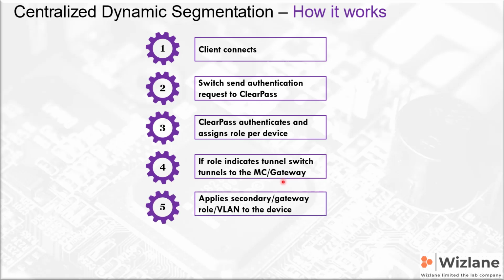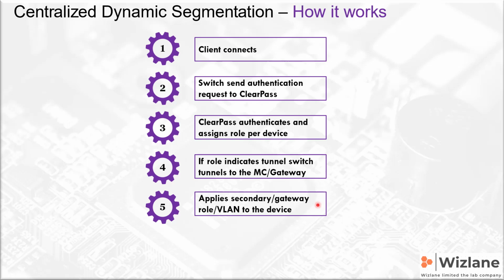So the tunnel will be formed, and then we will apply the firewall role on the gateway or the mobility controller. The tunnel is there, traffic will use the tunnel and go to the mobility controller, which has the firewall settings.